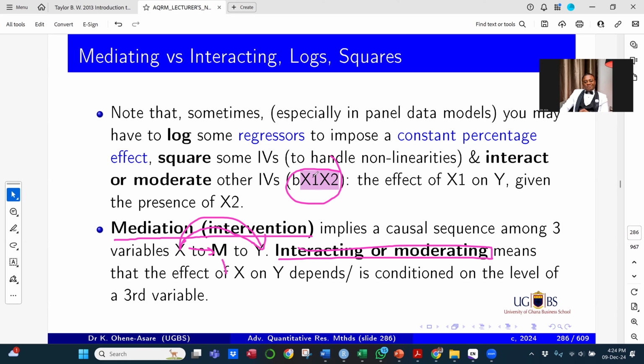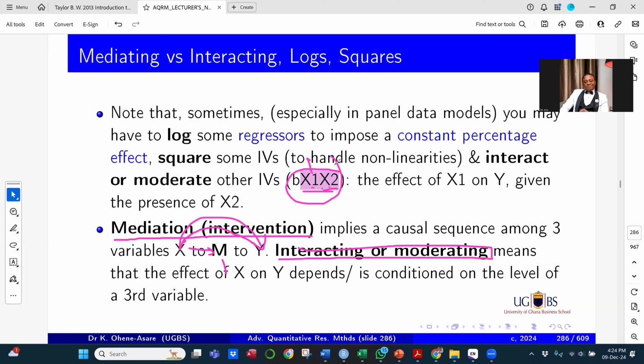So you are looking at the effect of x1 on the dependent variable y. But then now you've brought x2 there, so you have multiplied the two of them, and that is a moderating or interaction factor. The two of them are together. But when you're looking at mediation, the two of them are not together. Only one is together.